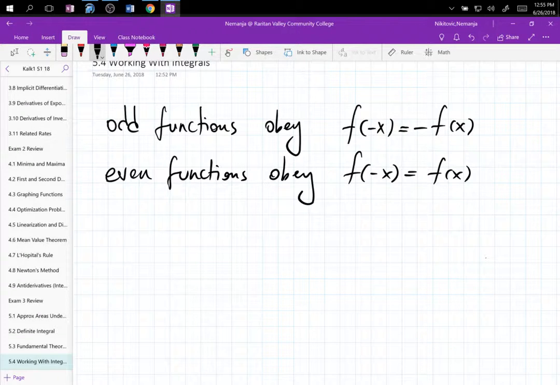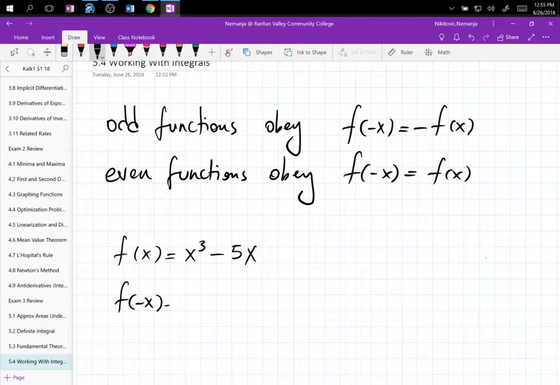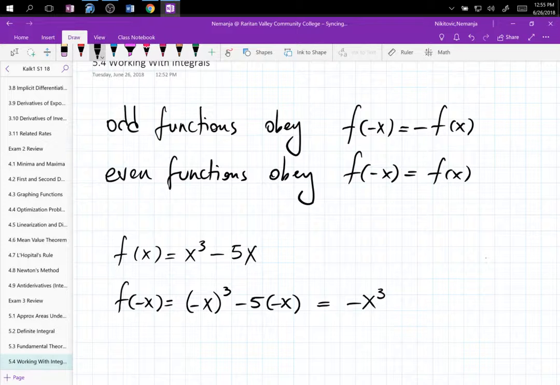So if I say that f of x is equal to x cubed minus 5x, this will be an odd function. Because if you compute f of negative x, you will get negative x cubed plus 5x.